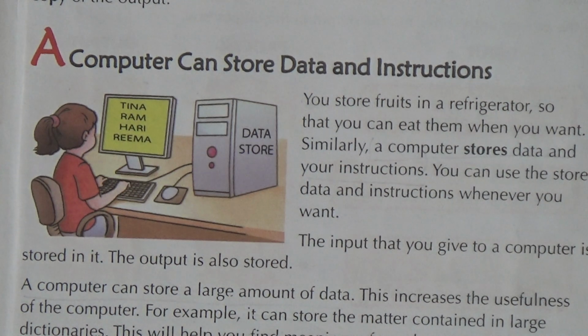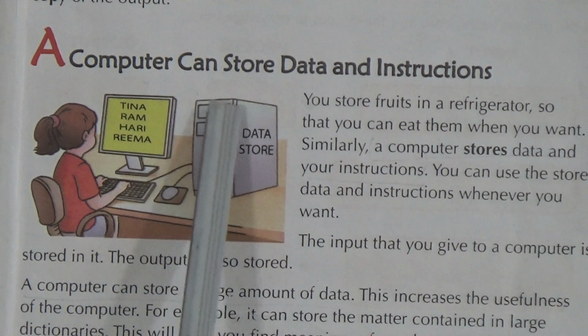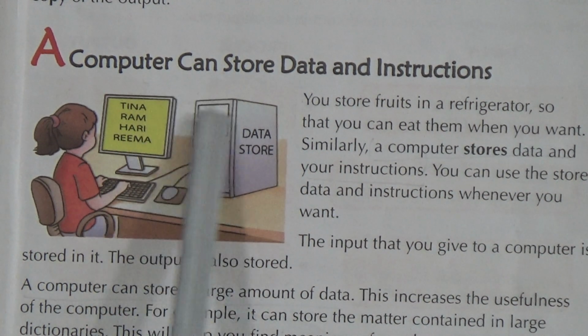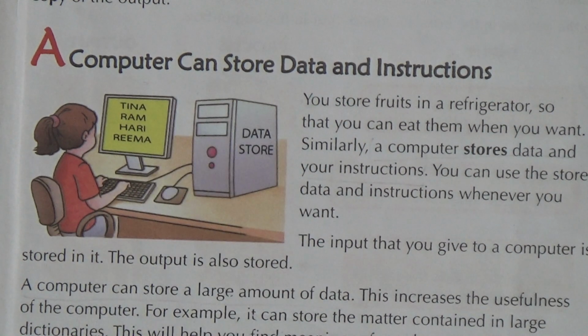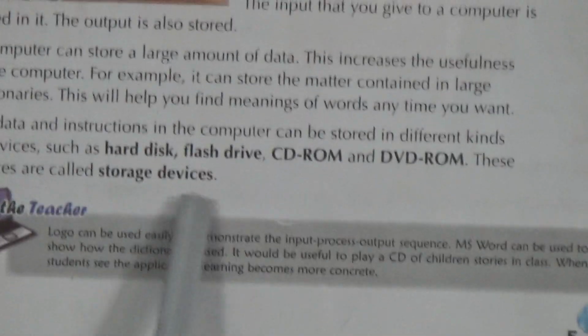Flash drive, CD-ROM and DVD-ROM, you can see these drives here. You can insert disks here and store or read from them. So all these devices which are used for storing information or data and instructions are called storage devices.